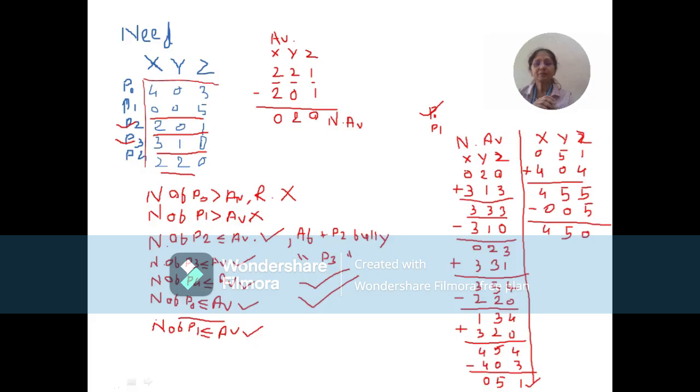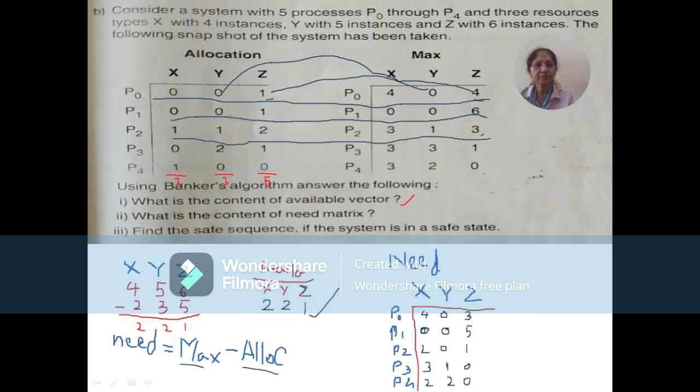After some time, P1 will be fully executed, and when it is fully executed, it will release all the resources. So we write: after some time P1 will be fully executed, releasing the resources. We have to add the max of P1 to the current available. The max of P1 is 006.